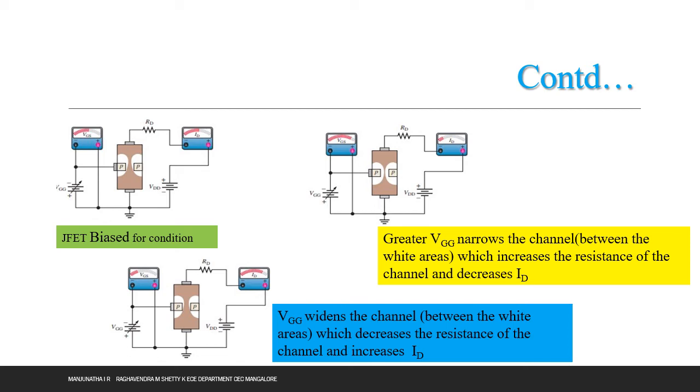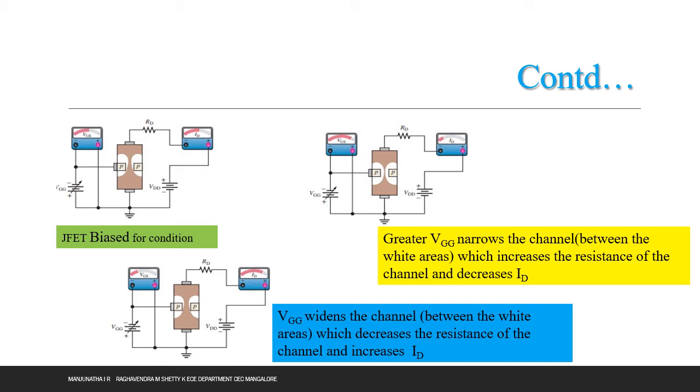When channel width is more, electrons will freely move from source to drain. So now the electrons can easily move from source to destination, which means more electrons can reach the drain, and later reach the positive terminal of the VDD. When electron movement is increased, current will also increase.